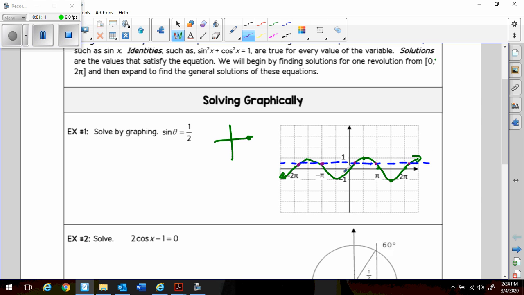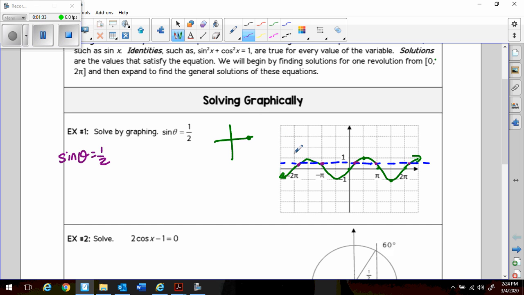It's going to keep on going. So we're going to say, well, theta has infinitely many solutions, or sine of theta equaling 1/2 has infinitely many solutions with every coterminal angle.